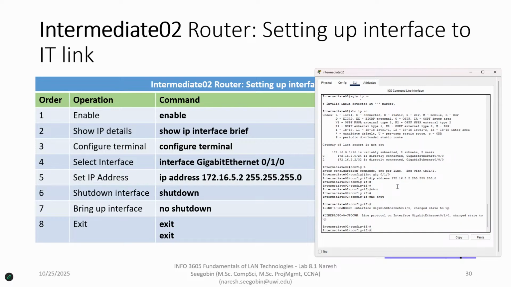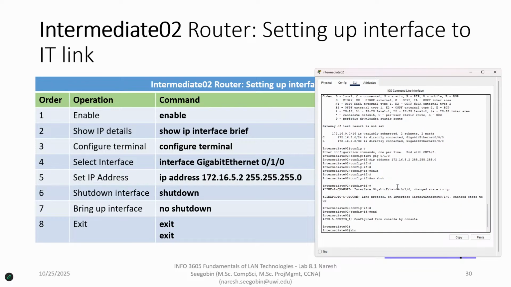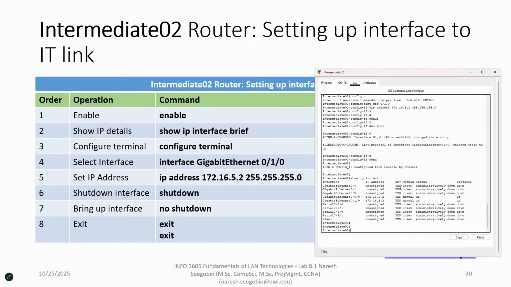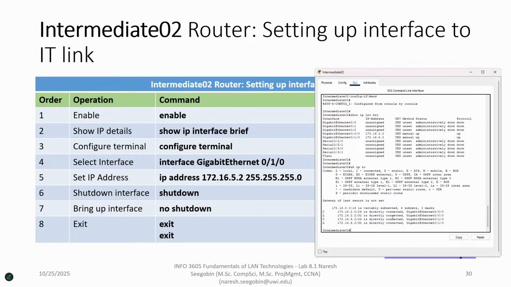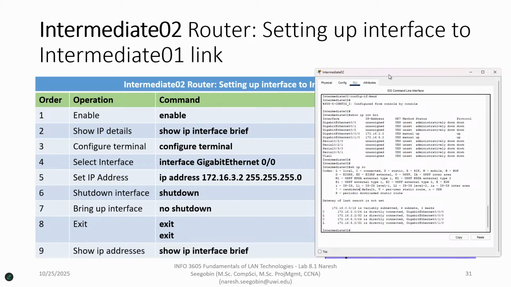All right, both are coming up, which is good. Up states, which means that our show IP route will show both of them in the table, right? It's there. And on to the third one now.